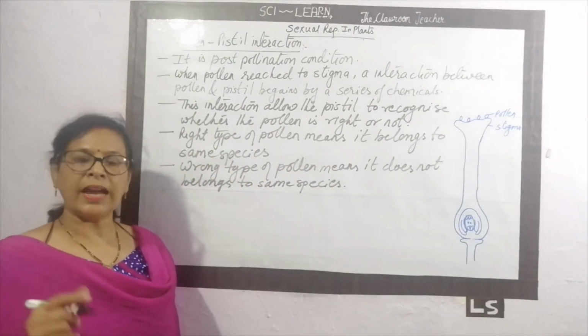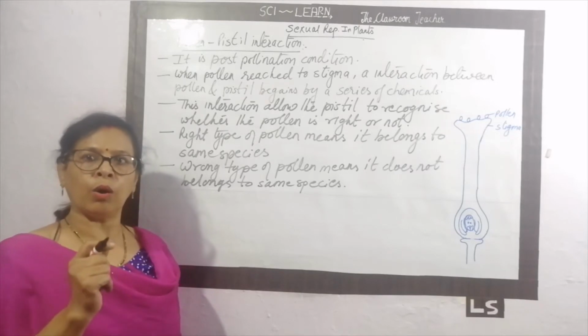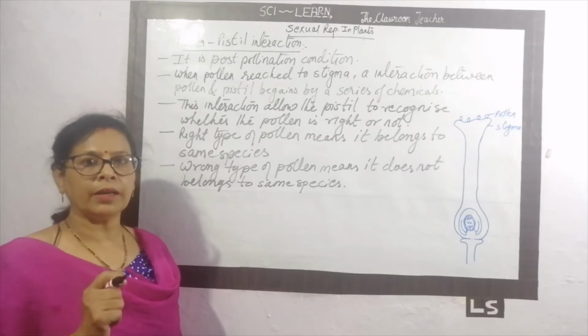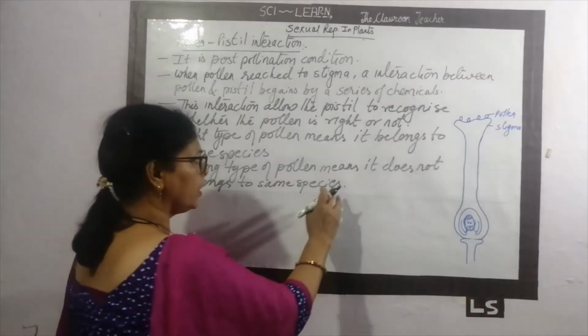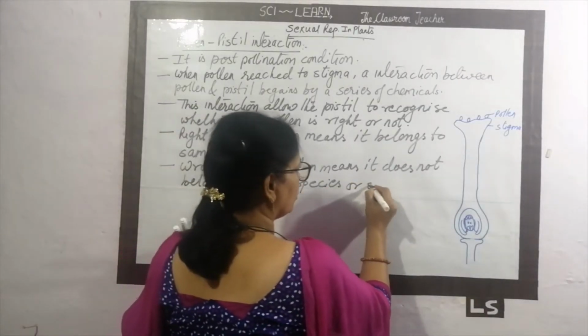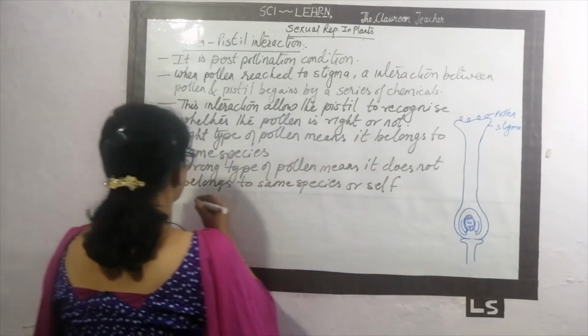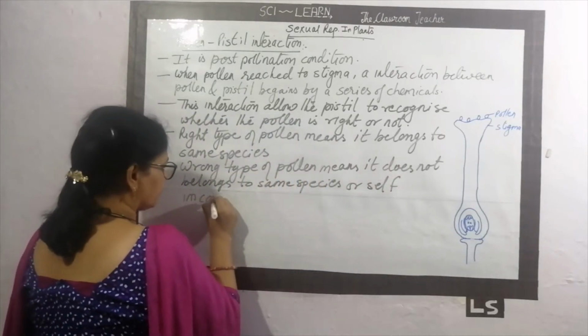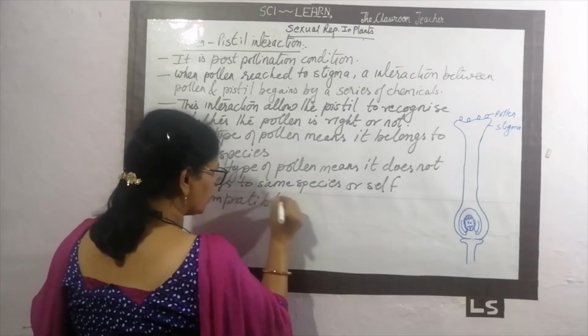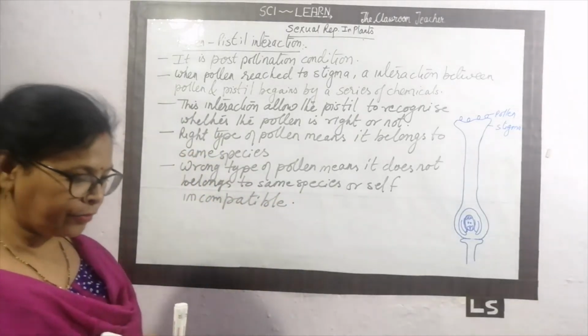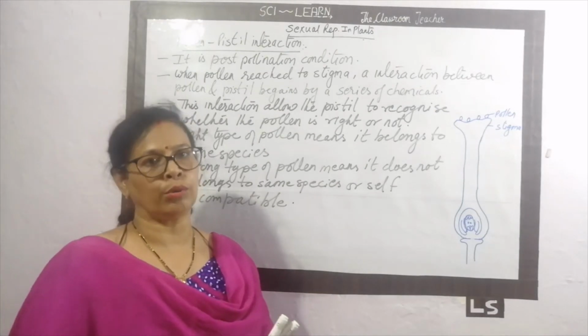That is the first condition, and the second condition is self-incompatible. These two conditions decide whether the pollen is right or wrong.